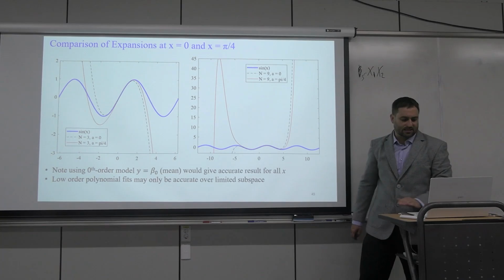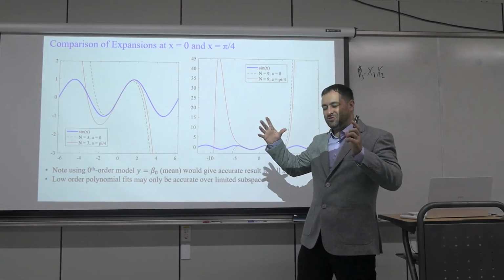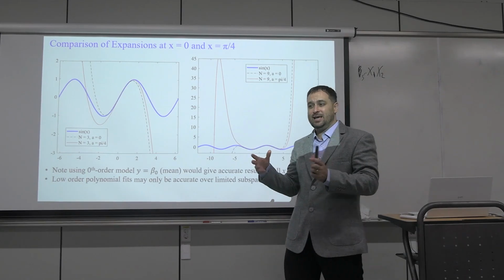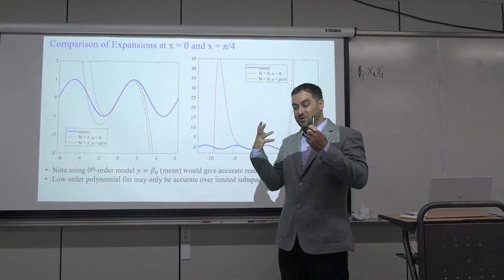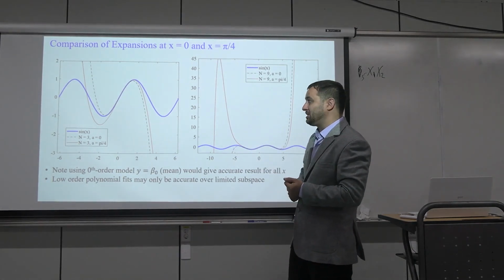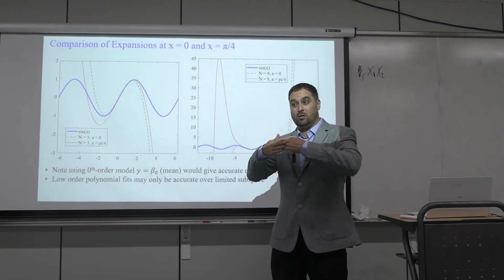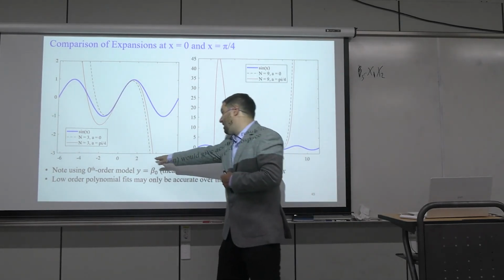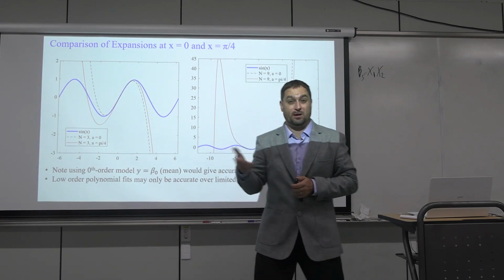So just to summarize, this is what you need to think about. What is really the size of your input space, and what is the variation of your variables in your data over that input space? If you wanted an accurate model for all x going from negative infinity to infinity, the sine function is a periodic function.